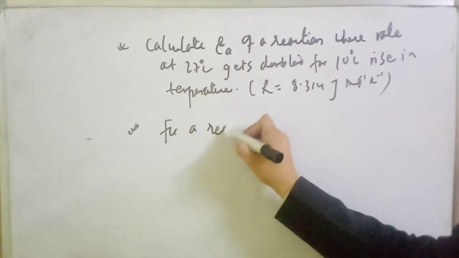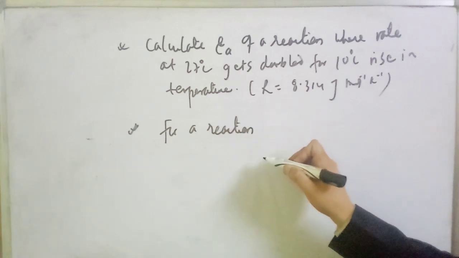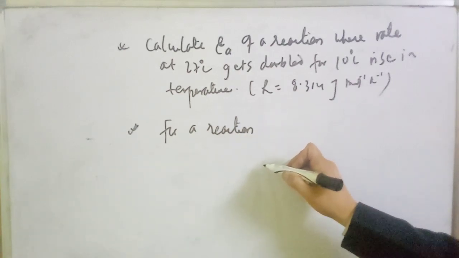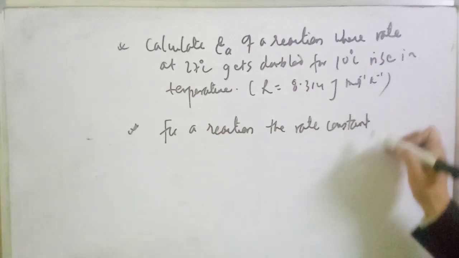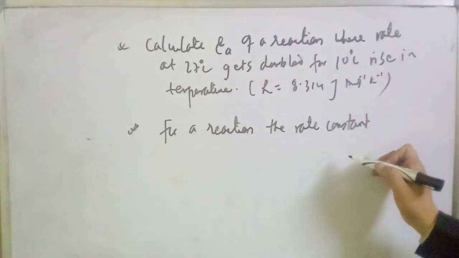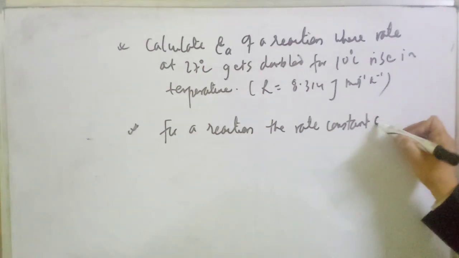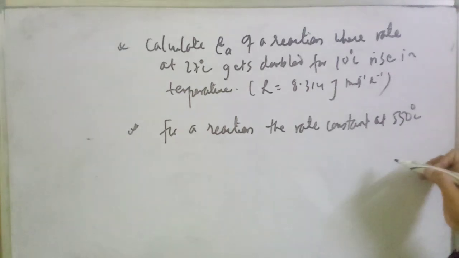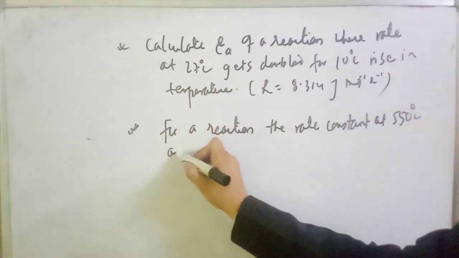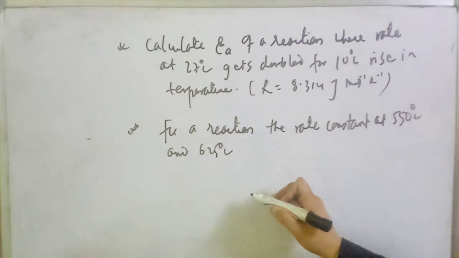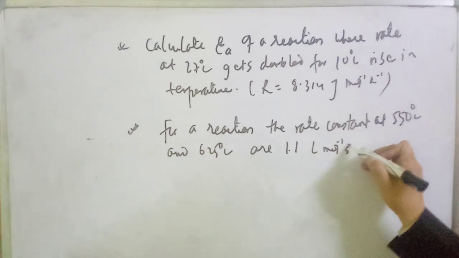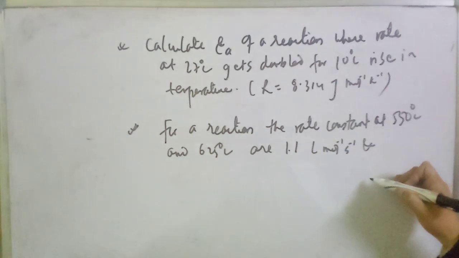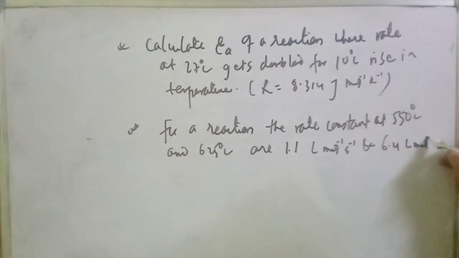For a reaction, the rate constants at 550 degrees centigrade and 625 degrees centigrade are 1.1 liter per mole per second and 6.4 liter per mole per second respectively.